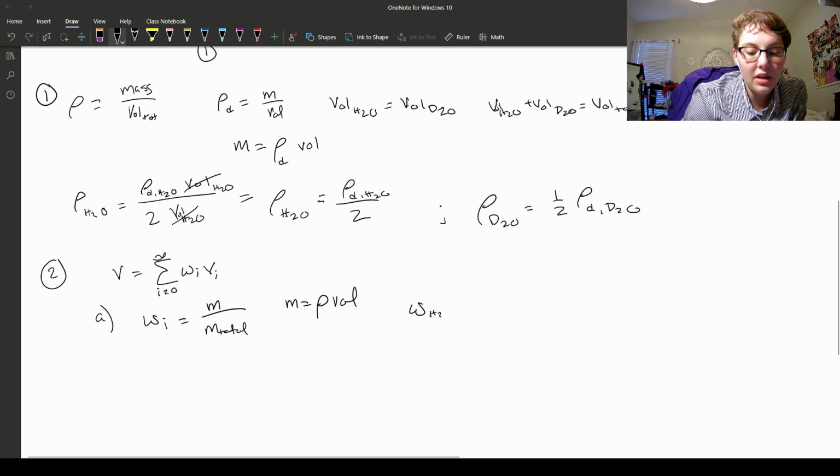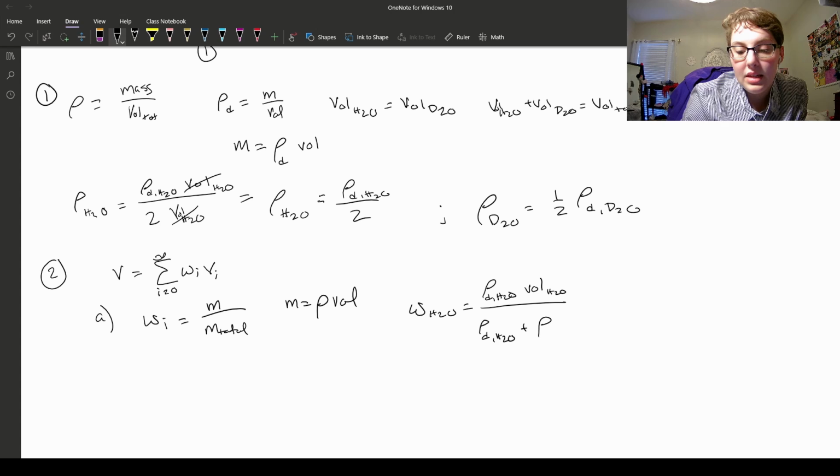So the mass fraction of H2O is going to be equal to the density of H2O times the volume of H2O over the mass total, which is going to be the summation of both. So the density of H2O plus the density of D2O.